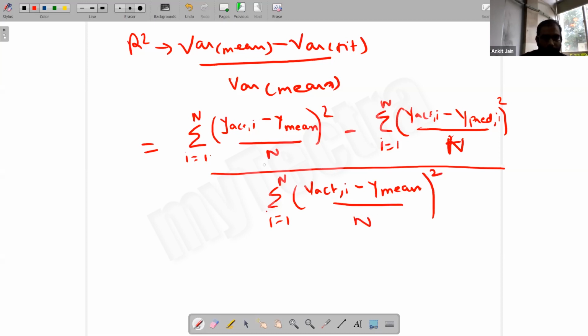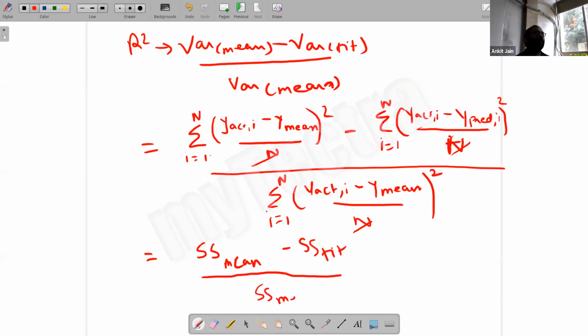Is it clear? Now if you see, here n square will get cancelled. Okay. So this formula you can also write as SS mean minus SS fit upon SS mean.